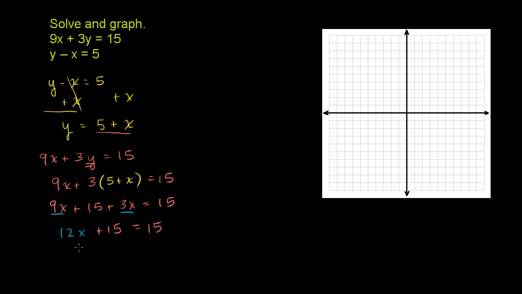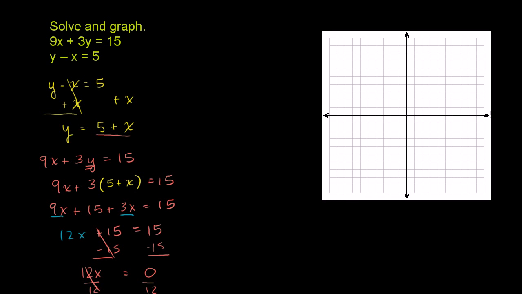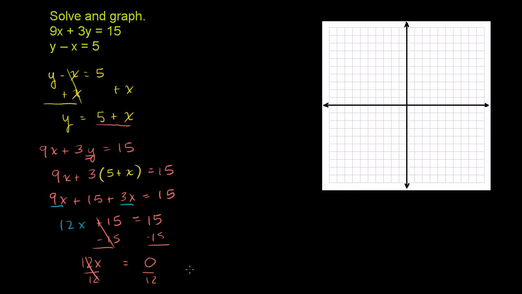Now we could subtract 15 from both sides, just so you get only x terms on the left-hand side. These cancel each other out, and you're left with 12x is equal to 0. Now you divide both sides by 12, and you get x is equal to 0 over 12, or x is equal to 0. So x is equal to 0.